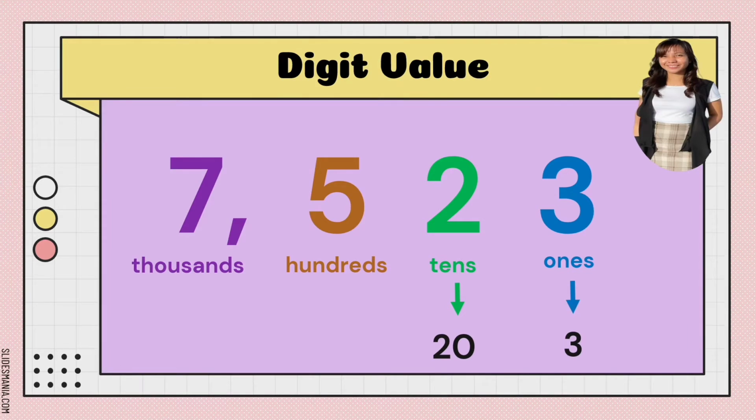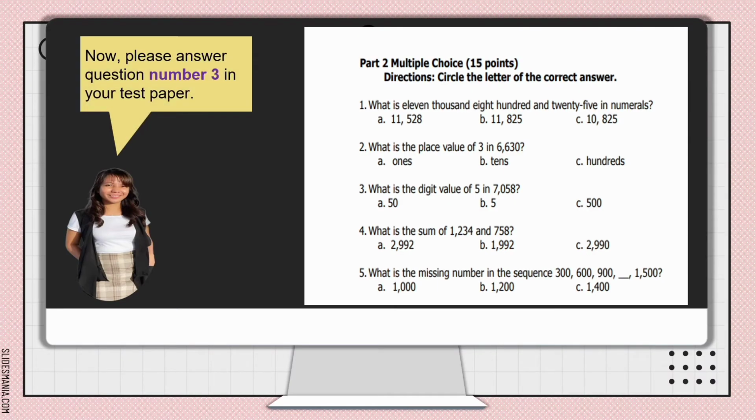Next, hundreds, so it's by 100. 5 hundreds, so the digit value is 500. Next, thousands. So of course, the digit value is 7,000.